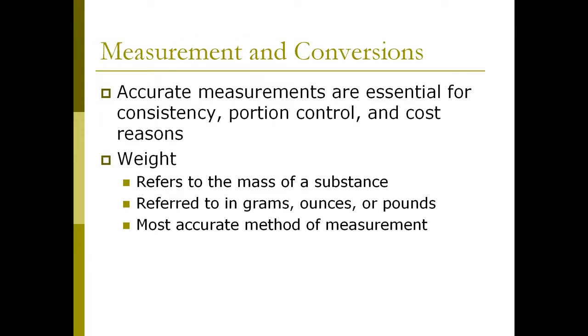We need to make sure that we have accurate measurements. We do measurements in a couple different ways, by weight and by volume, but we want to make sure that they're accurate, that it provides consistency. It helps us with portion control.